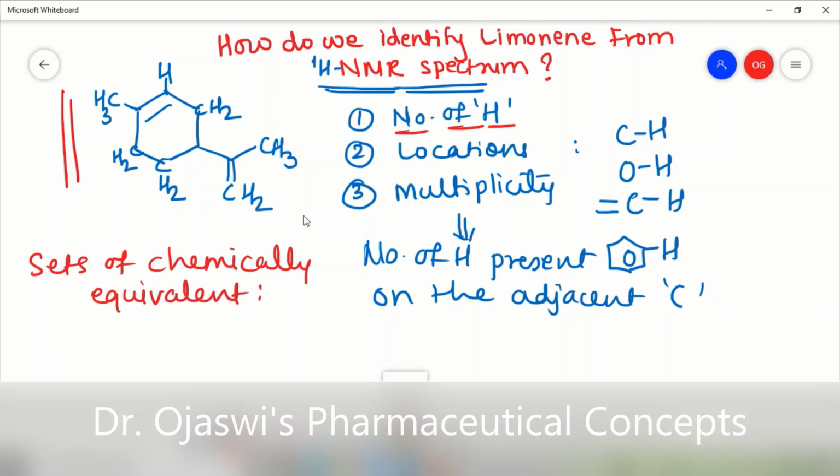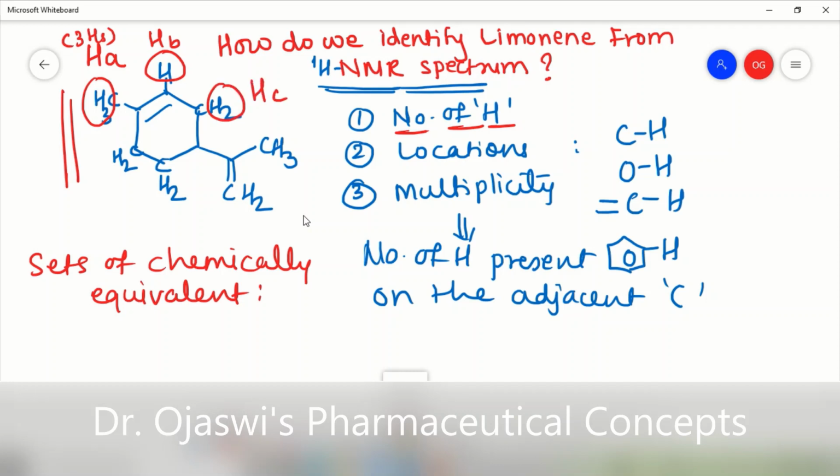Now here, if you see, these three hydrogens are attached to the carbon, and these three are in the same chemical environment. So this is one set of hydrogens. I will denote this set as HA, and this HA represents three hydrogens. This is another set, HB, which has only one hydrogen in it.